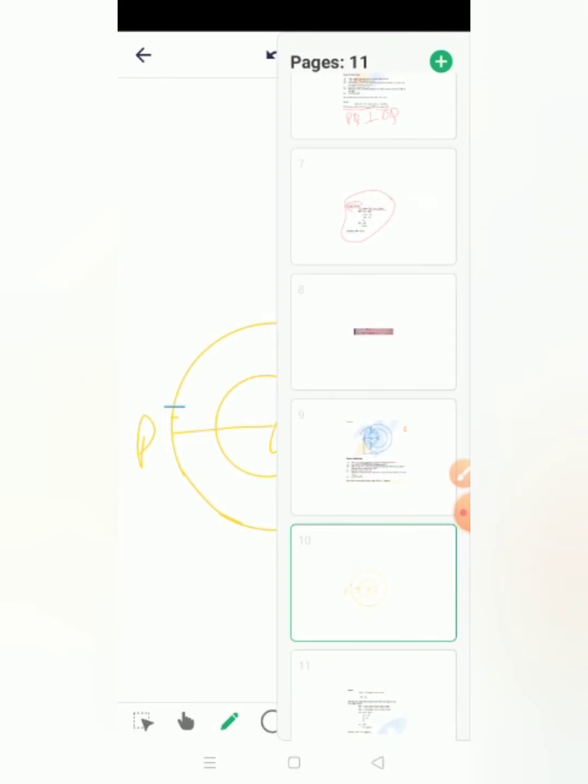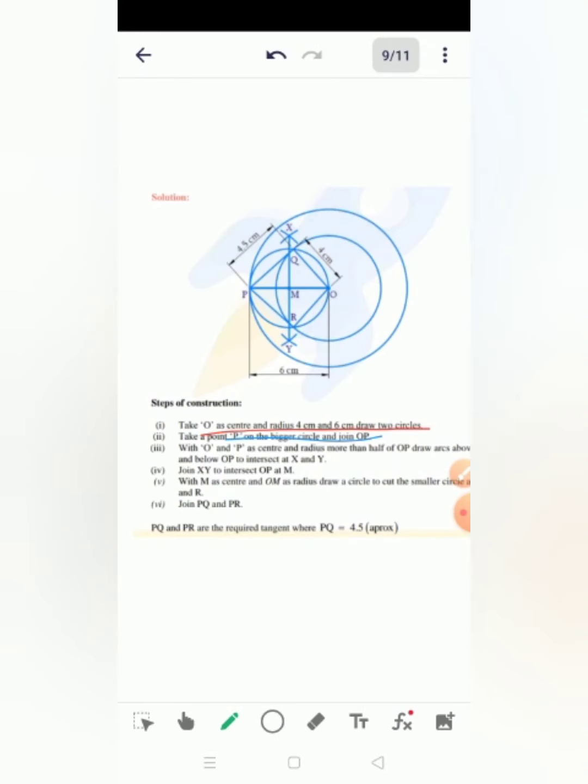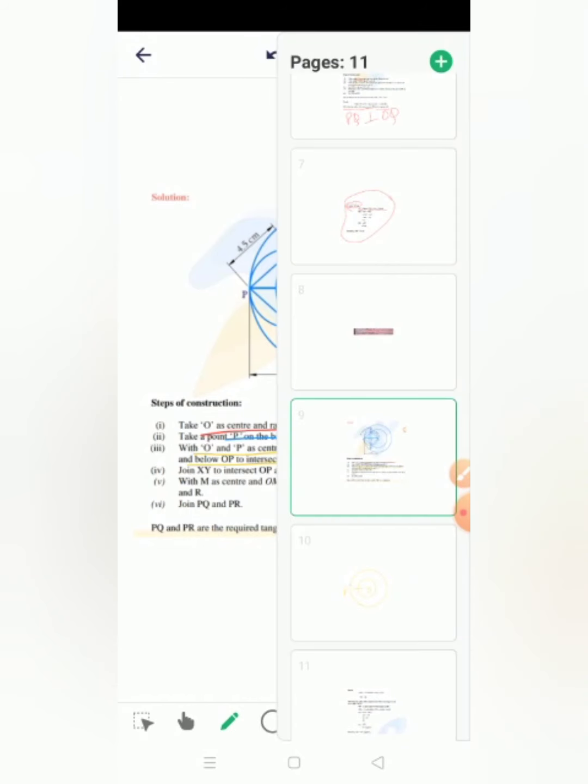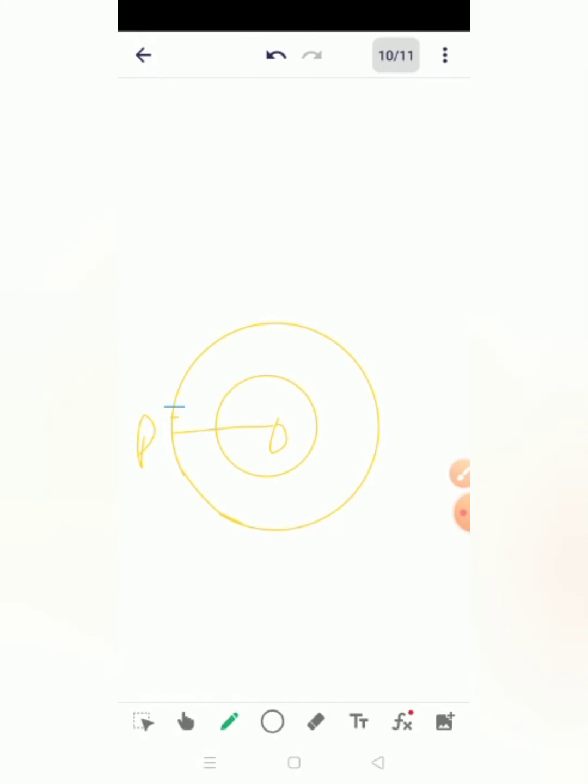Next step: with O and P as centers and radius more than half of OP, draw arcs above and below OP to intersect at X and Y. So from O and P you need to bisect, and the radius should be more than half of OP.